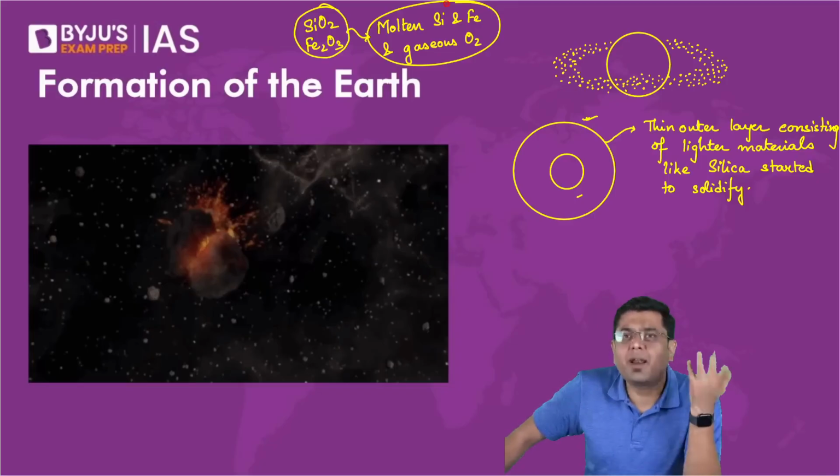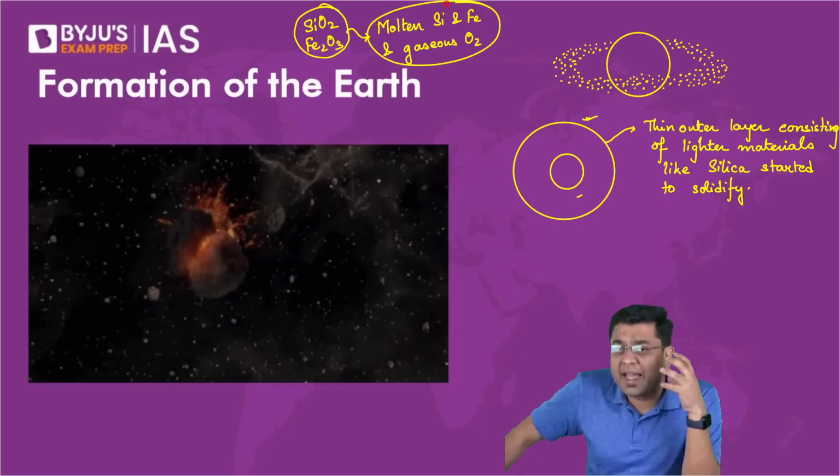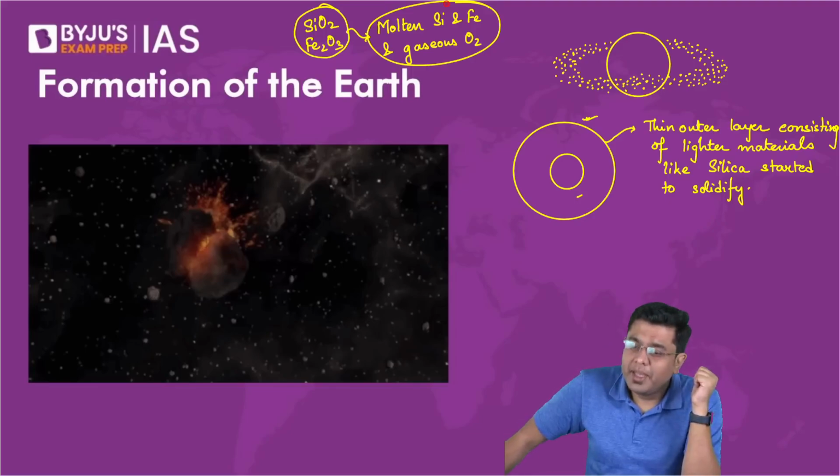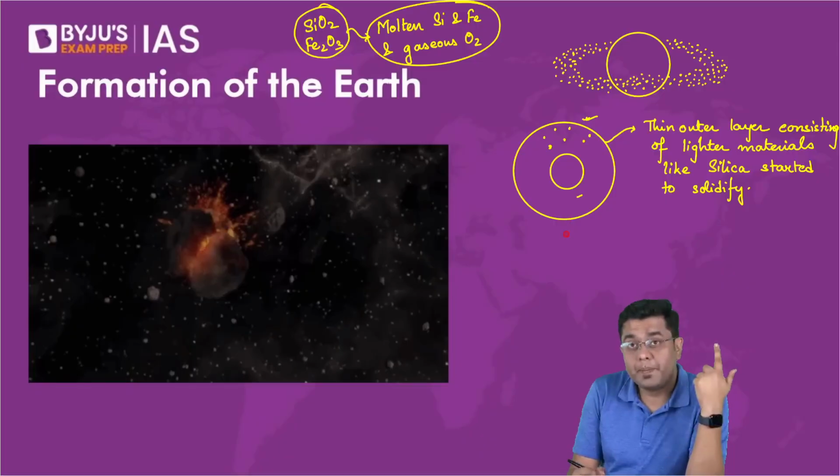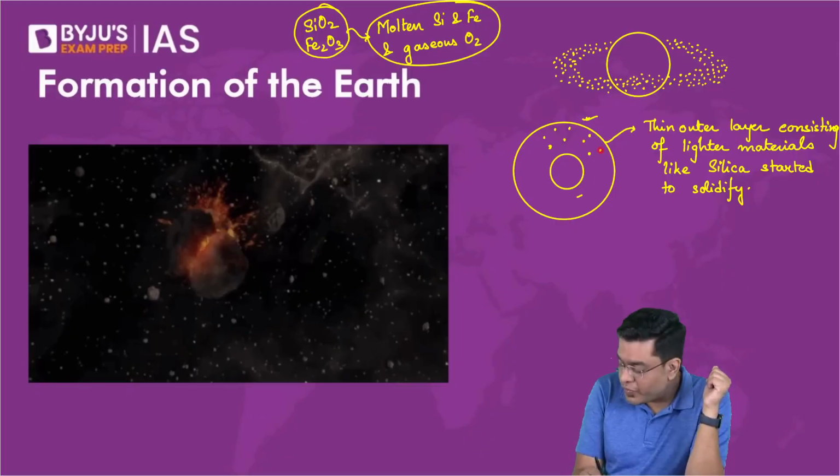Now gases are light, and when they are light, they will always have a tendency to rise up to the surface. So from all the areas, the gases which were trapped inside began to rise up closer to the surface.